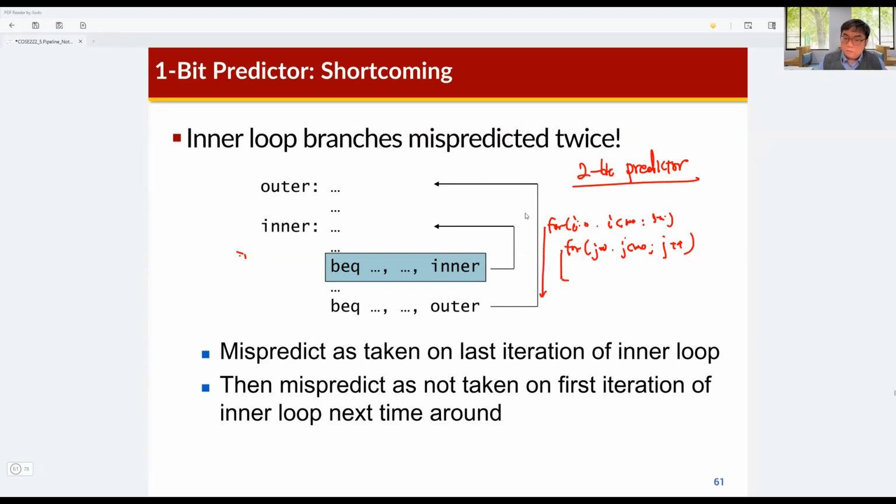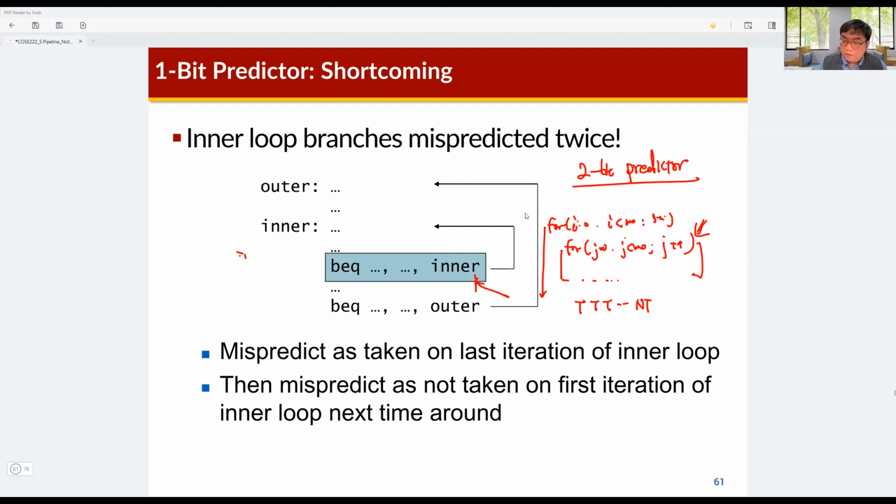What's the problem of the 1-bit predictor? The prediction can be false for this inner loop. Why? If we just see the result of this inner loop, then we can know that the event of this loop is taken, taken, and then not taken.